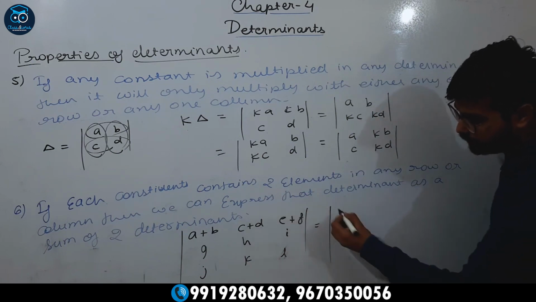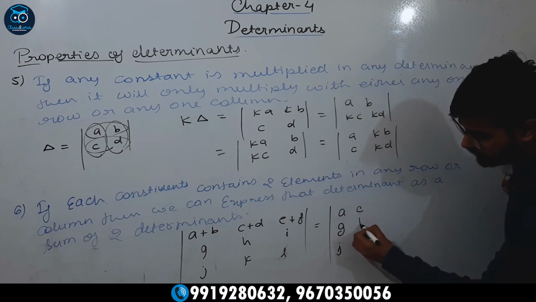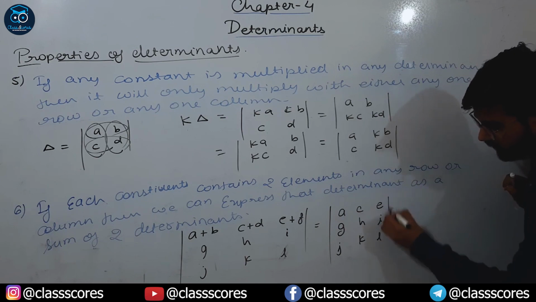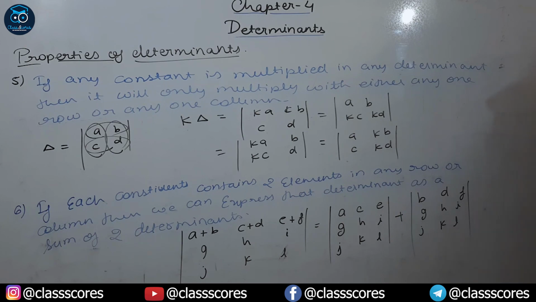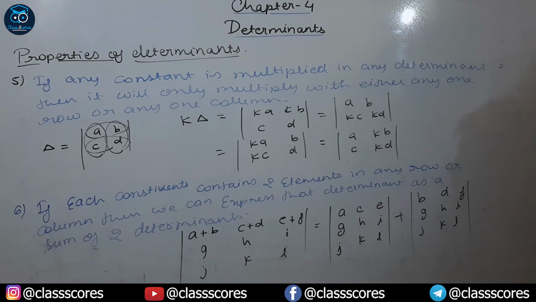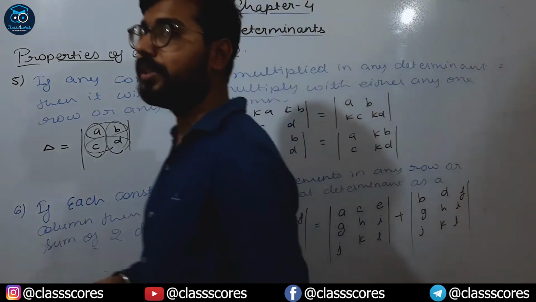So we can express this as A, C, E, G, H, I, J, K, L plus B, D, F, G, H, I, J, K, L. The value for this term and this term will be the same. So these are the basic properties of the determinants.